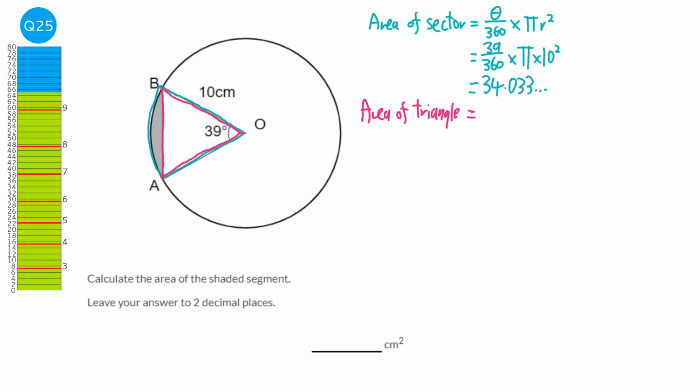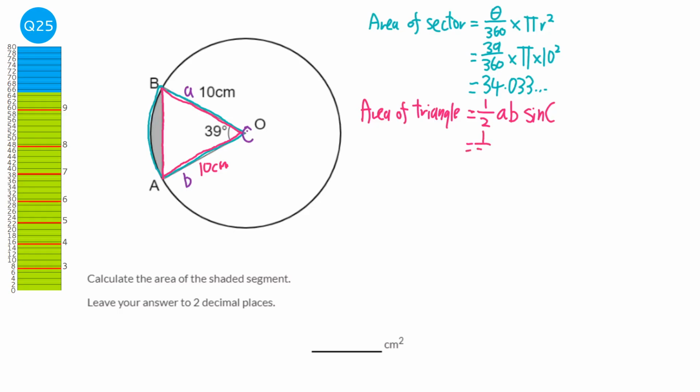Next we're going to find out the area of the triangle. If you have a look at the triangle, we've got 10 centimeters here because that is also a radius of the circle. So we've got two lengths and we've got an angle, so we can use the half AB sine C formula. So we've got half AB sine C. And so A and B are going to be our lengths, and C is going to be this angle here.